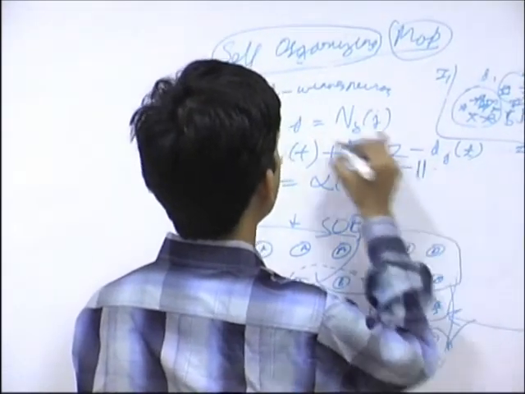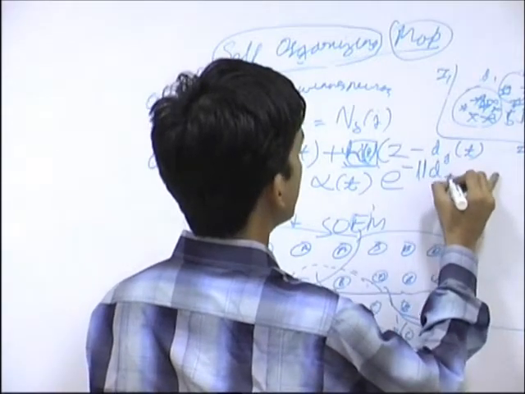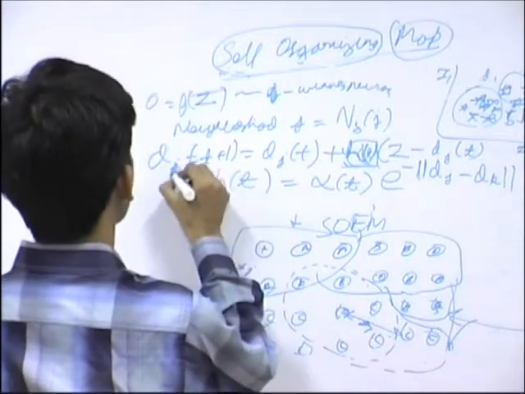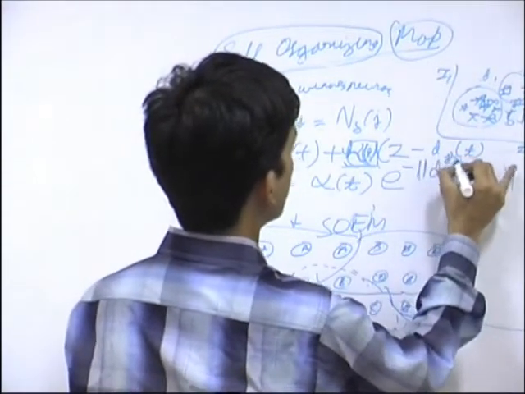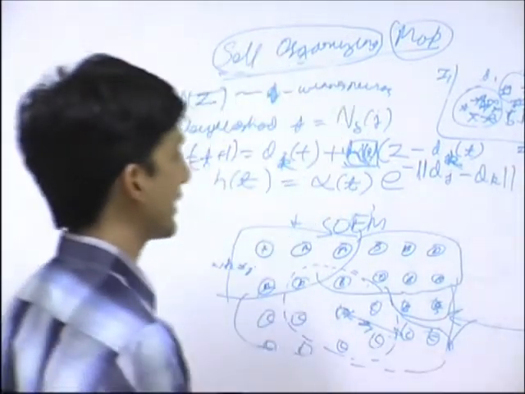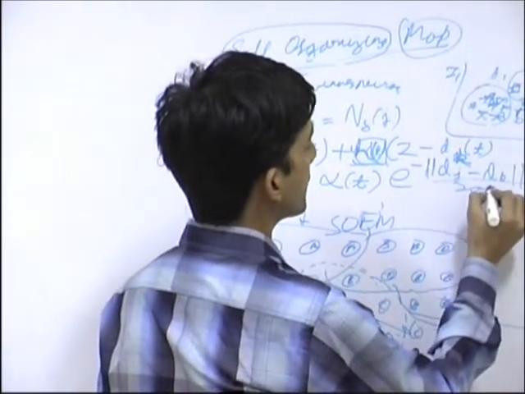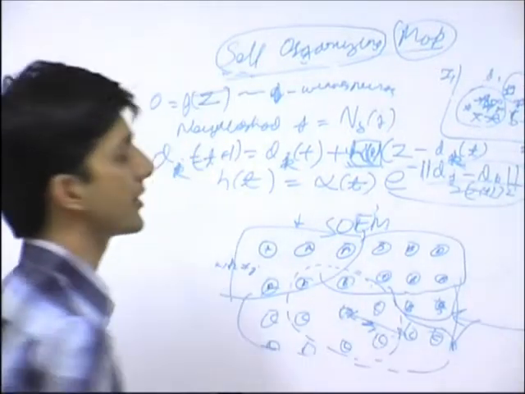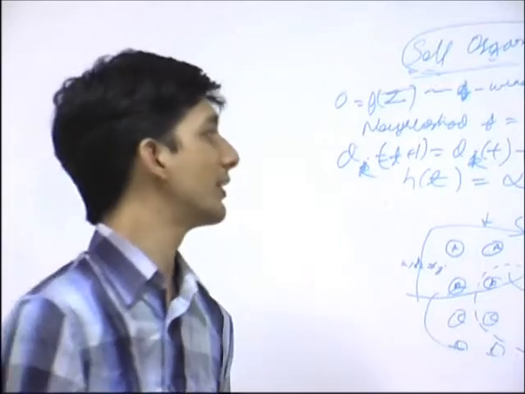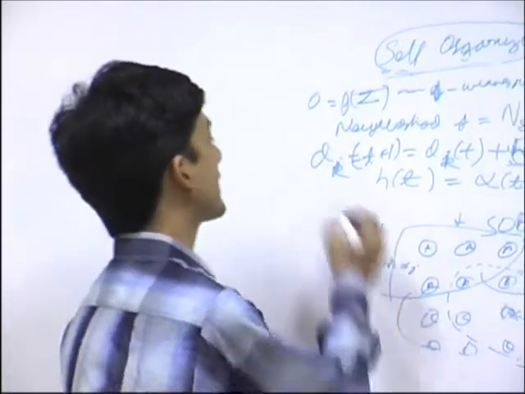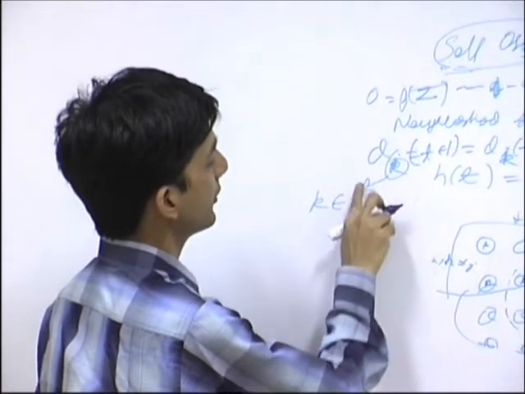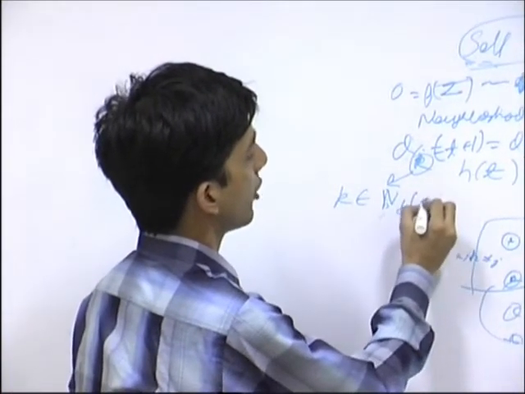Let me say that d_j was the winning neuron, so it is the difference between d_j and d_k. I am iterating over the k neurons here, so I replace it by k. There is an exponential decay that I have assumed over here. And when I say d_k, k is a member of the neighborhood of j.